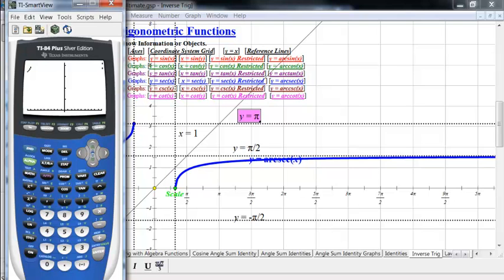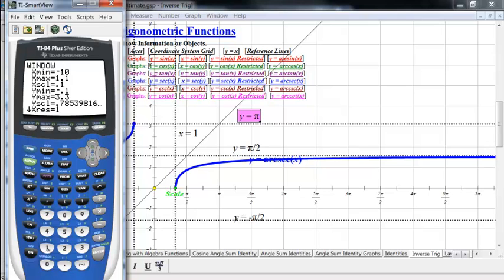Let's graph it, and that's not a very good window, is it? So I need to go perhaps way out to the left and right. I only need to go from 0 up to pi on the y's, actually that's pretty good, a little bit above pi, but maybe I need to go out quite a bit further.